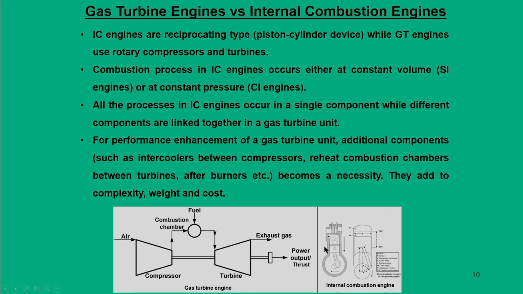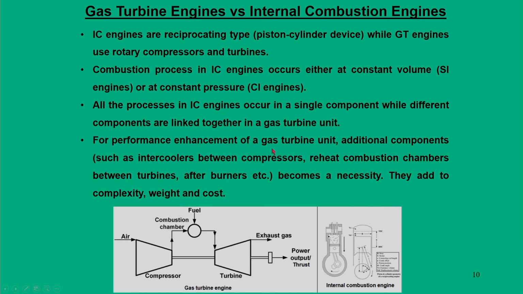Whereas in a gas turbine engine, different operations are performed by different components. The compressor has to compress, the combustion chamber has to add heat through fuel, and in the turbine the gas has to expand. So, each component has its own role and they are linked together to give a consolidated unit, called the gas turbine unit.